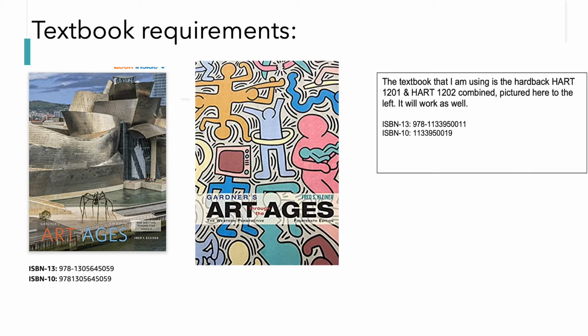So if you decide that you want to get the paperback textbook, be sure that you are purchasing volume 2. If you happen to get volume 1, it covers Art History 1, not Art History 2. So you need volume 2.